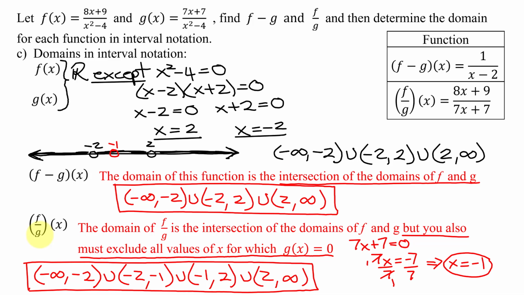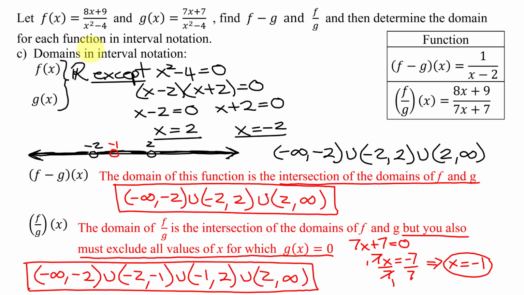And one thing I want to point out is here is the simplified version of f divided by g of x that we found on the previous page. If you just look at this simplified version, the only problem you would see in the domain would be this one. You wouldn't find out about these two problems.